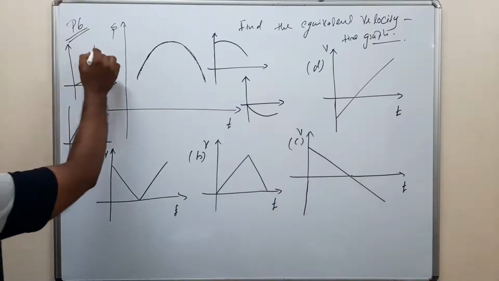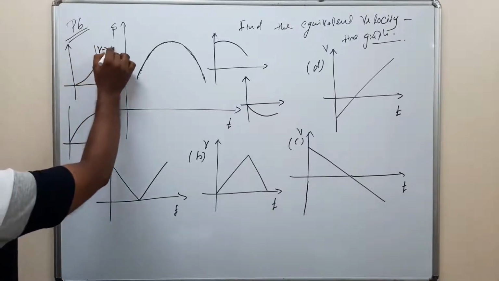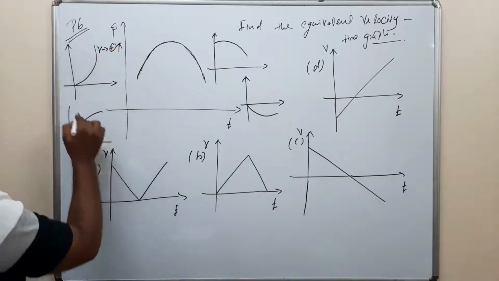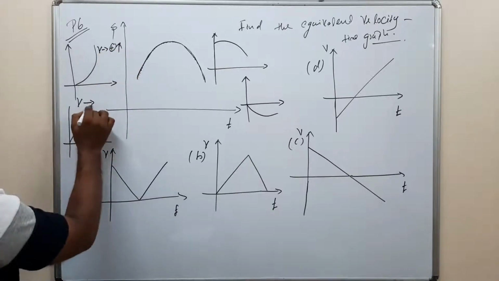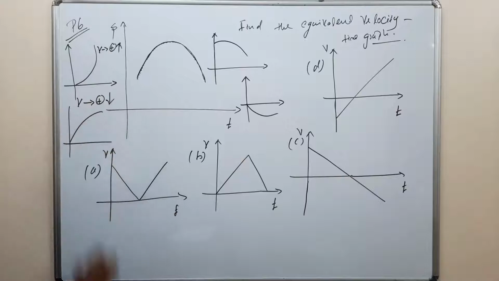This is velocity positive increasing, velocity positive decreasing.